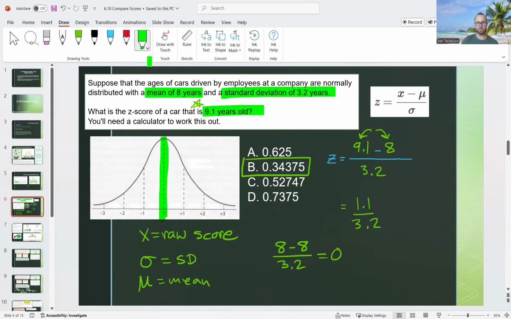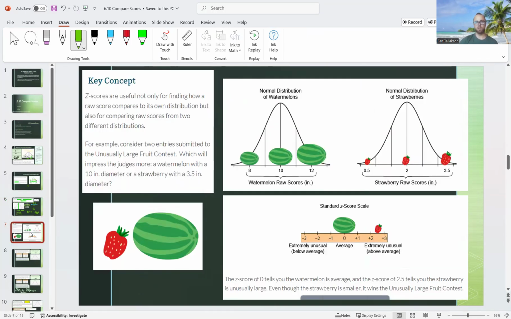Z-score of 0. Makes sense, right? But what if your score is less than the average? Well, you already know you're going to have a negative z-score. This will be below average. Now that we understand that a little bit better, let's compare some scores, shall we?